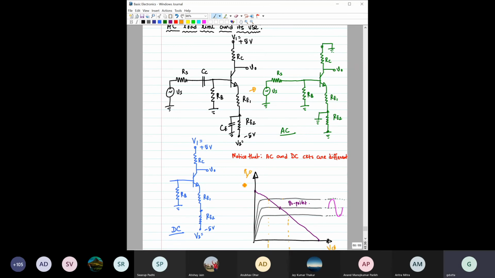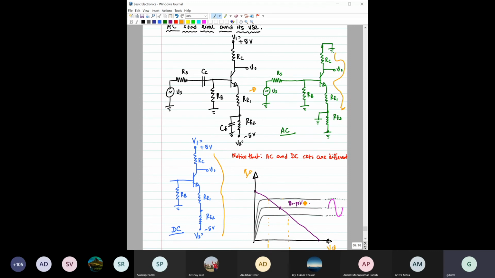Whereas for DC, if you consider this loop, you are seeing both the effect of RE1 and RE2. But if you consider a loop along this in the AC circuit, then it ends here. So the effect of RE2 is not there. That way, the load line when you are applying an AC signal will not be similar to this DC load line.